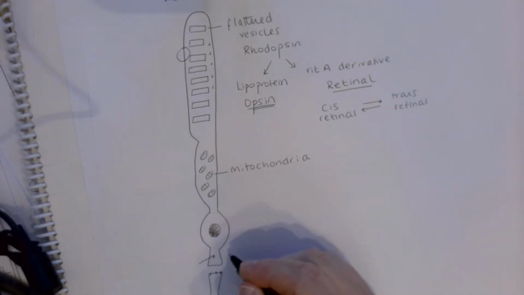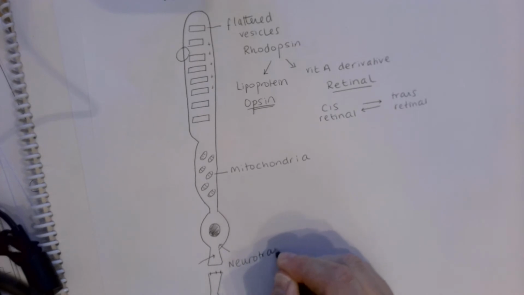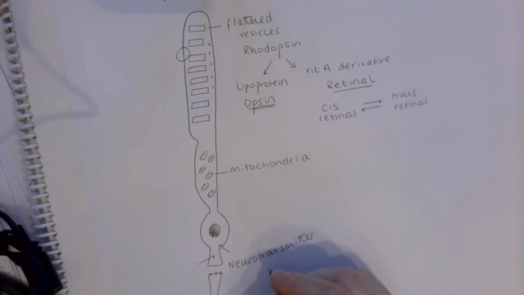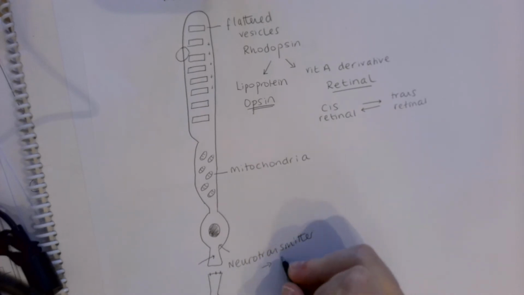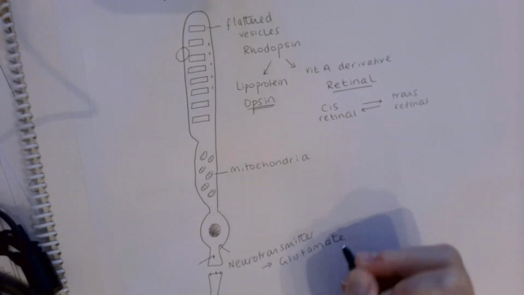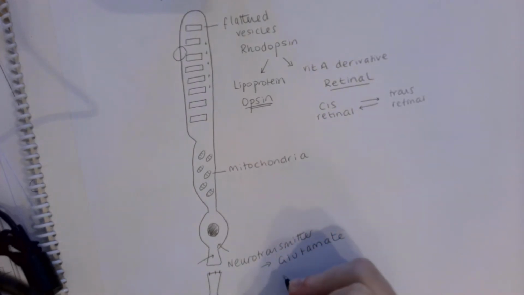Calcium's going to come in, and it's going to cause a neurotransmitter to be released by the synapse here. This neurotransmitter is called glutamate, and it's actually an inhibitory neurotransmitter.